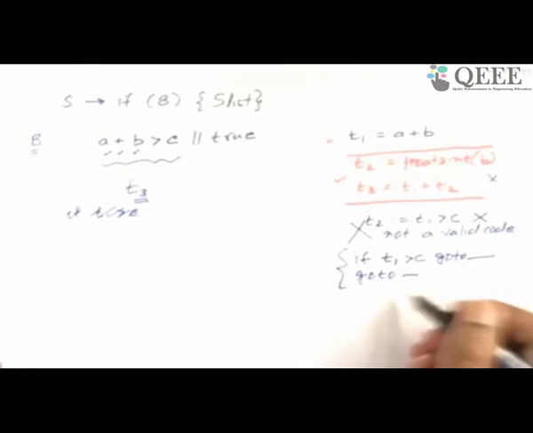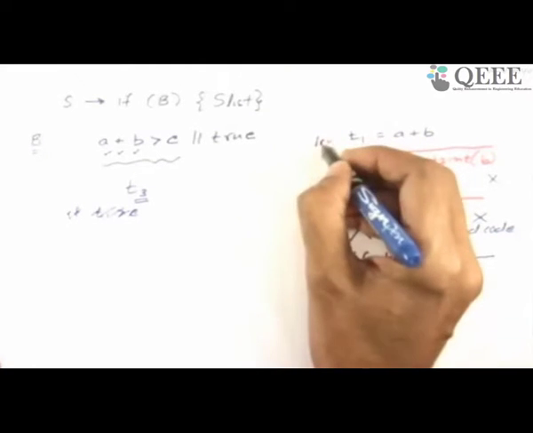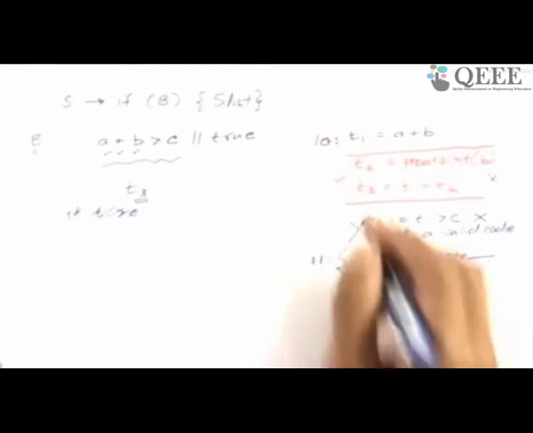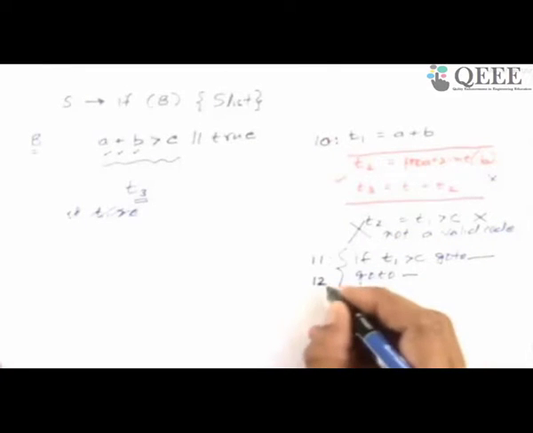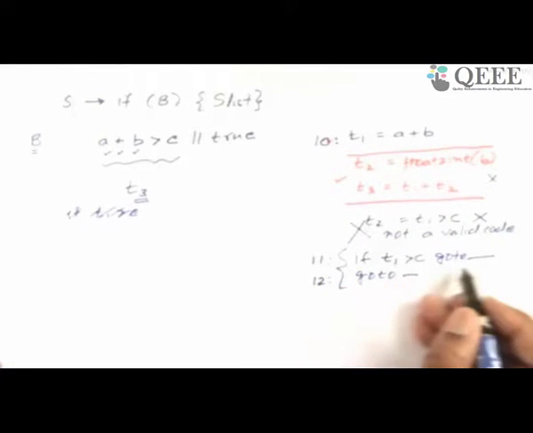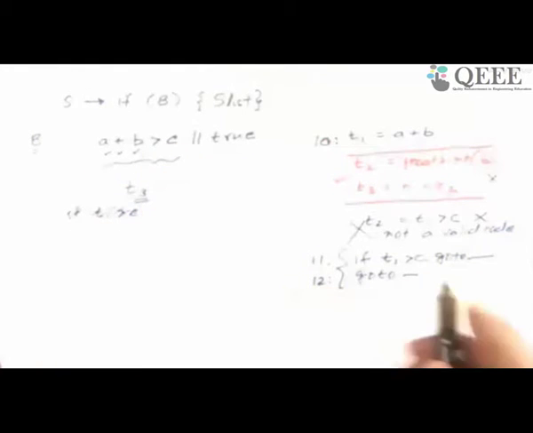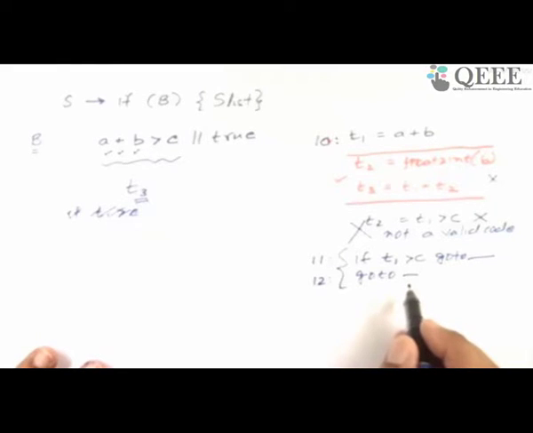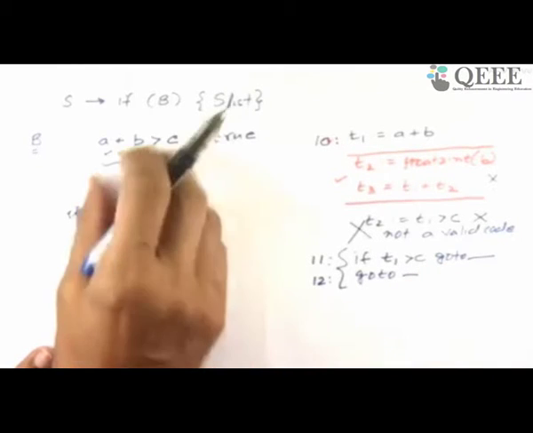If I want to go somewhere, I have to start labeling my statements. So now every statement is forced to be labeled. 10 is T1 assigned A plus B. 11 is this, if T1 greater than C, which is for the small part. We have not looked at or, we have not seen greater than true also. Now it says, if T1 is greater than C, the value of this expression is true.